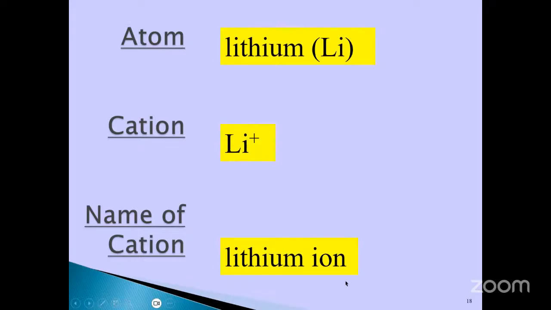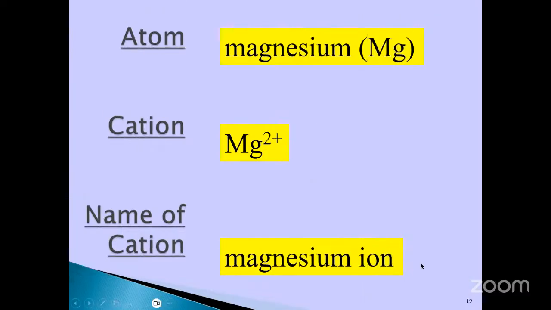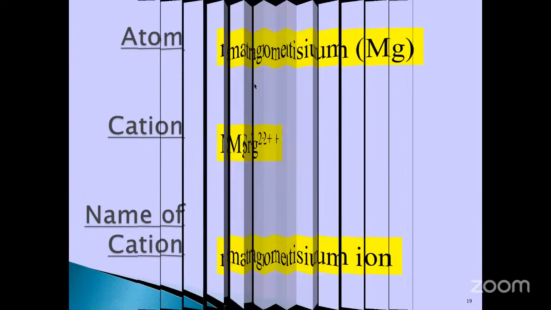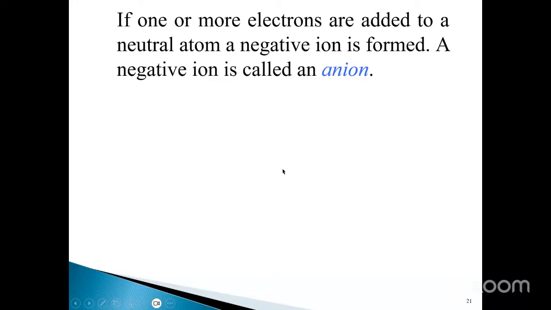Lithium forms a lithium ion. So it's very simple. Whatever the name of the atom is, the name of the ion will be the same. Here's another example. Magnesium will form the magnesium ion. Strontium would form the strontium ion, right? So basically that's how we name these ions. All right, so that's as far as the cations are concerned.